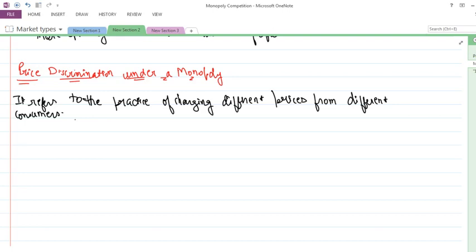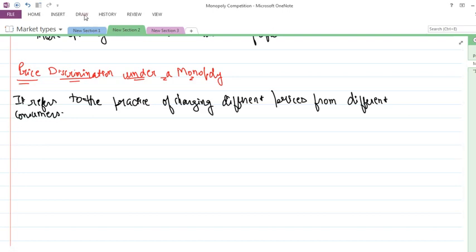So price discrimination is a practice wherein the selling is done of the same product to different consumers or different buyers at different prices. When a monopoly firm adopts this policy, it will become a discriminatory monopoly.